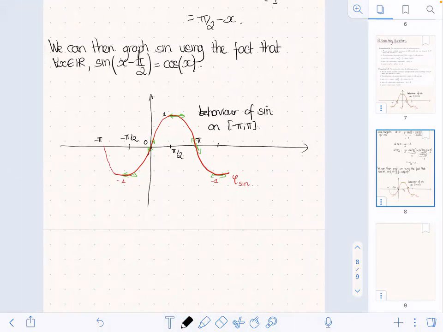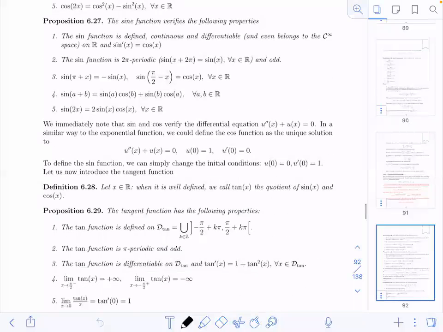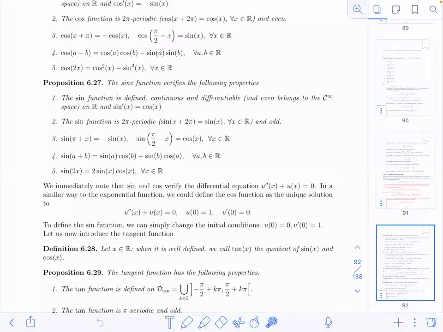One thing that we can note, related to the cosine and sine function, is that if you're ever given this differential equation here, then if you derive sine once, you get cosine.